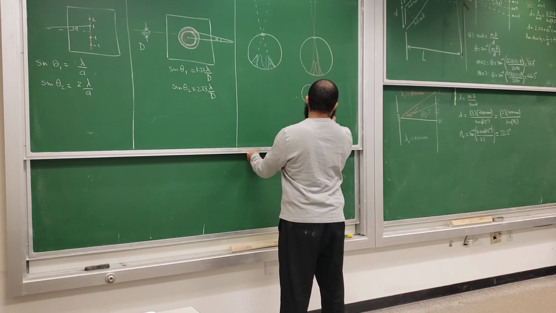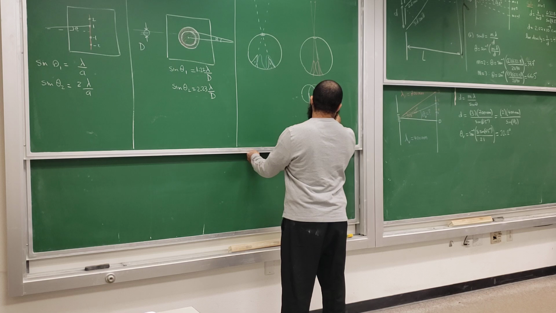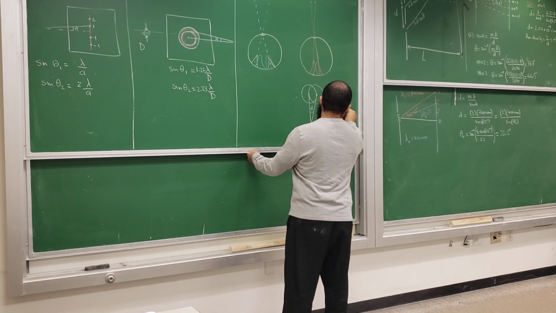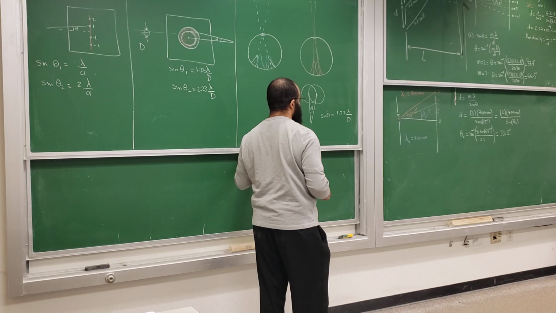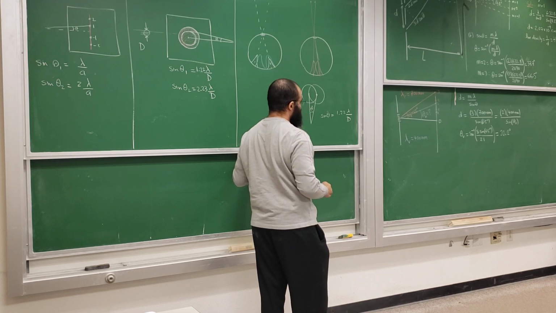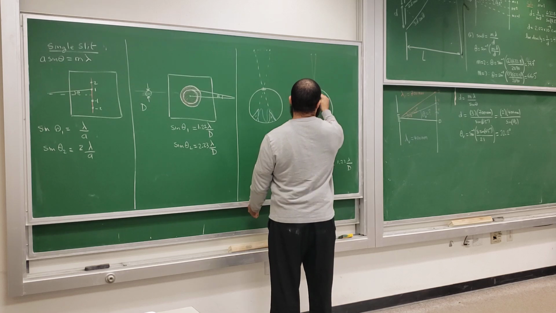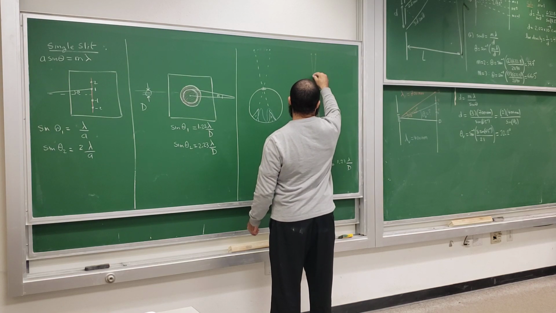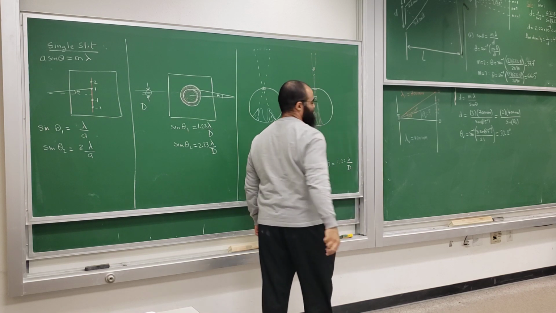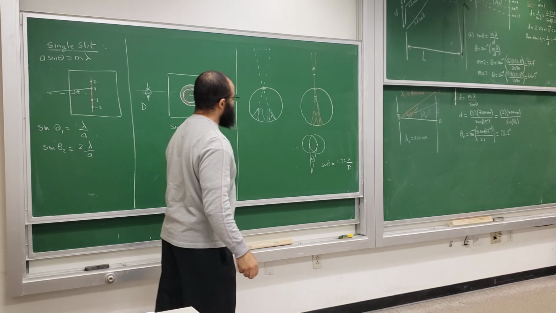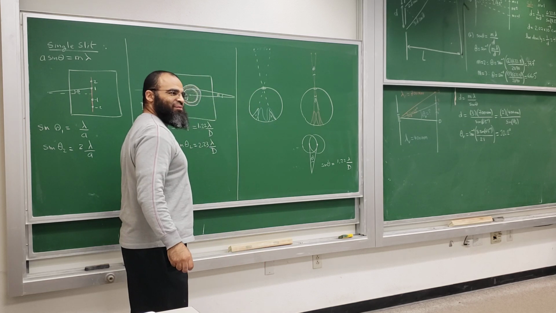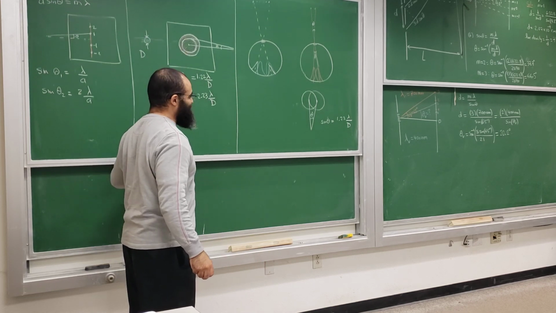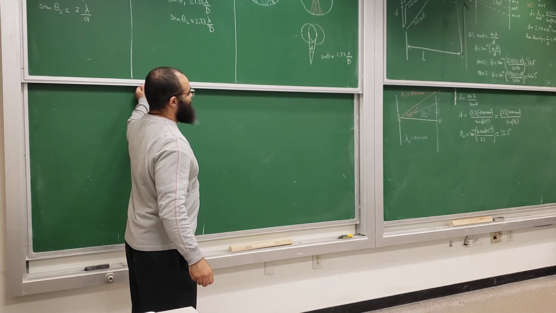If sine theta is 1.22 lambda over d, then you cannot distinguish them if it's less than or equal to this. If this is theta, then this is also theta. Let's do an example, and then hopefully it'll get clear.